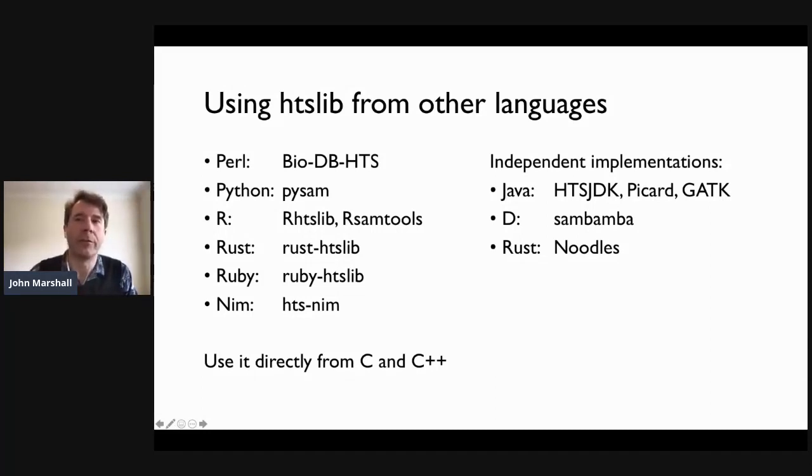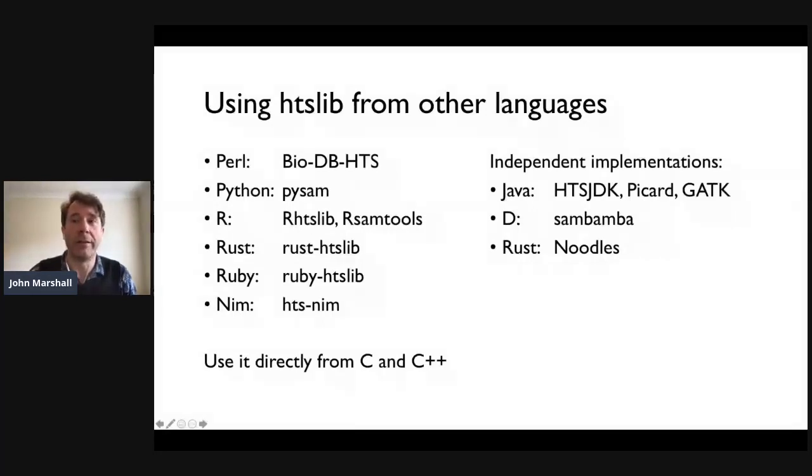So there's several different groups at the Broad Institute who, over the same period as Samtools has been evolving, have developed their own tools. HTS-JDK and Picard were the main ones. HTS-JDK is the equivalent of the htslib library, provides all the substrate, and Picard is a bunch of tools similar to Samtools.